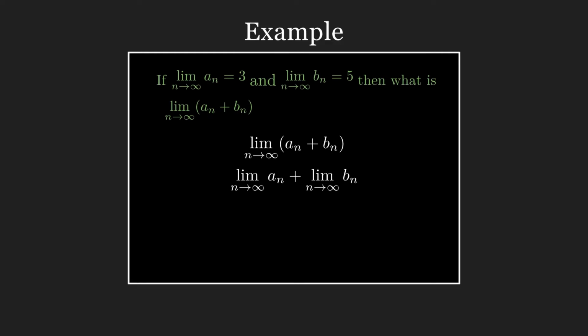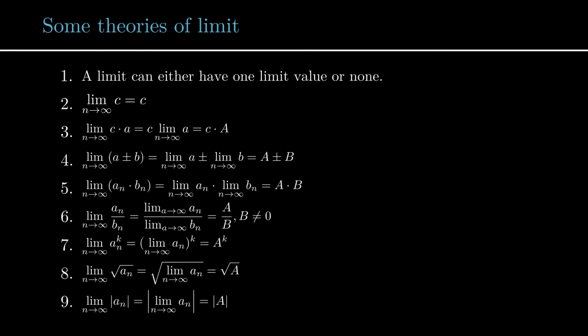Just substitute them in and you get 3 plus 5, which equals 8. That's your answer. Now from this example, you see that for the plus sign, you can separate them from each other. It's mostly the same for the minus, the multiply, and the divide, that you can separate them from each other and do their own way to find the answer. So if you remember one of them, you should be able to solve any of them.